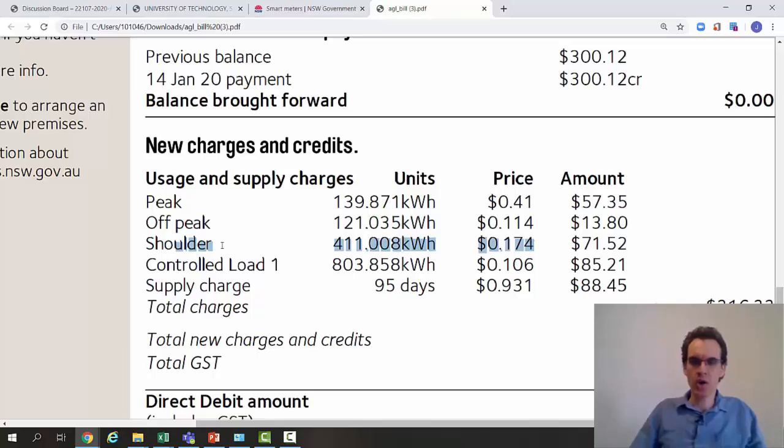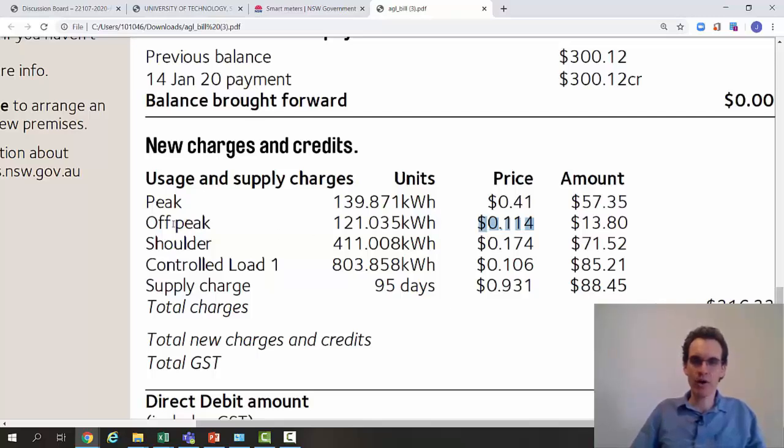Okay, so if you're a night owl and you, for example, use electricity from 10 p.m. to 7 a.m. in the morning, you're only charged 11.4 cents per kilowatt hour.